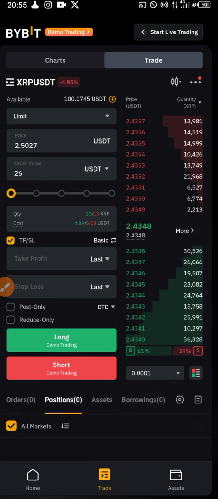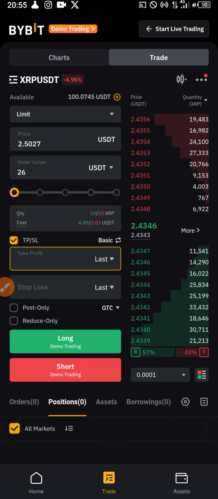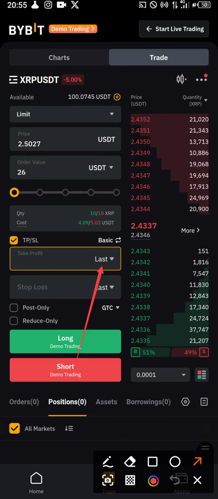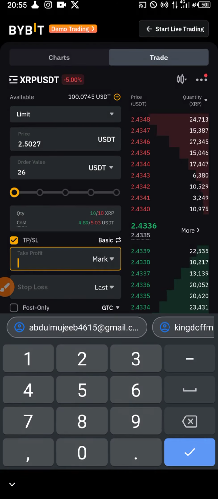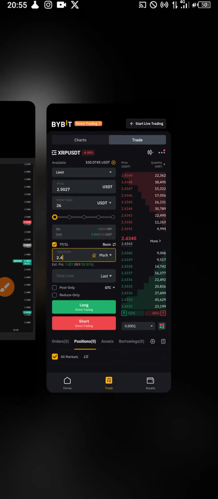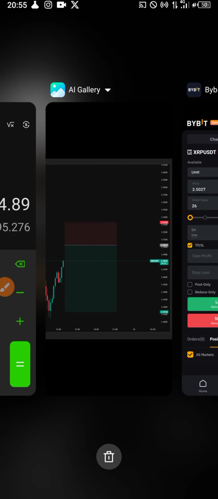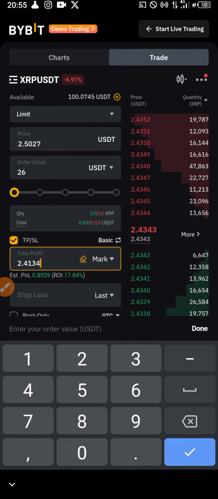Take profit 2.4134. Make sure this is set at mark, not last, right? Not last. Set it as mark. 2.4134.